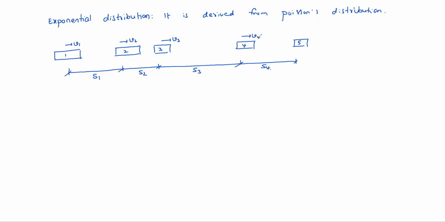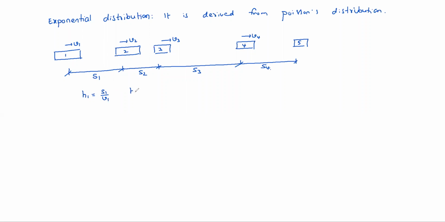Then headway can be defined as, headway is nothing but a time, right? To travel S1 distance for vehicle V1, how much time does it take? To get time, that is S1 by V1. H1 is the time headway.